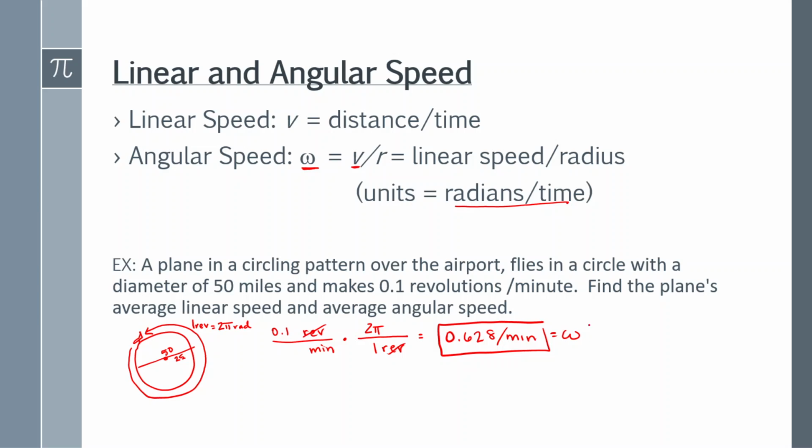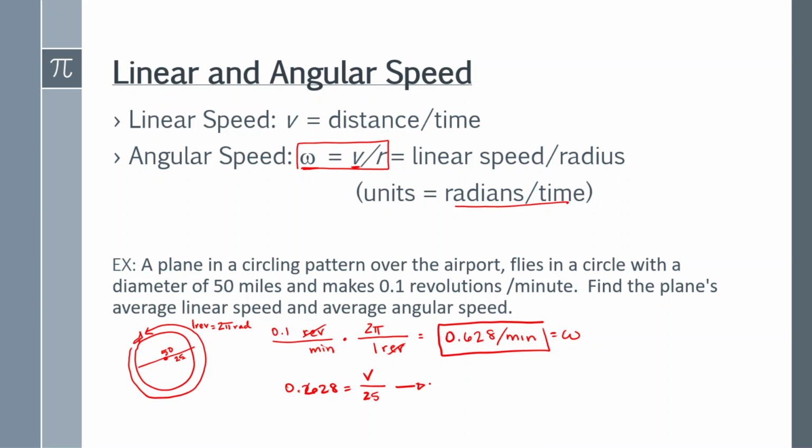Okay. Now it says to also find the linear speed. Well, linear speed is distance over time. You also notice that it is related to the angular speed this way. So the 0.628 is going to equal our velocity divided by our radius.